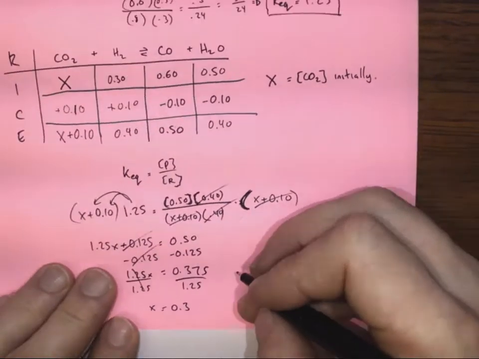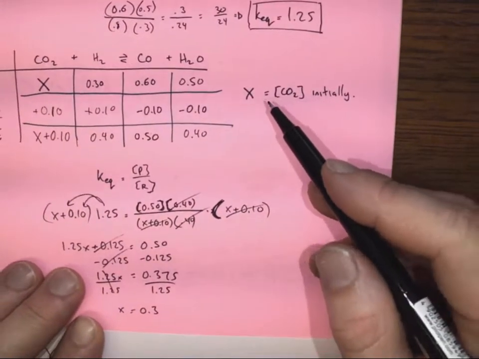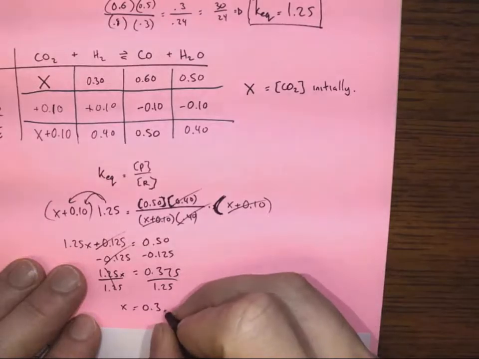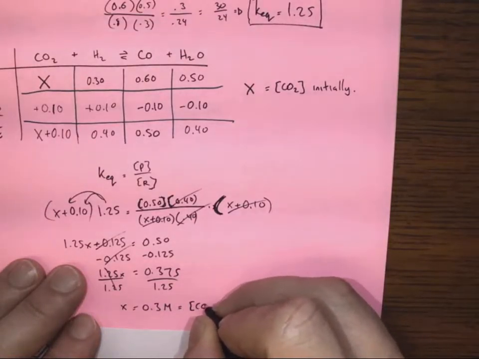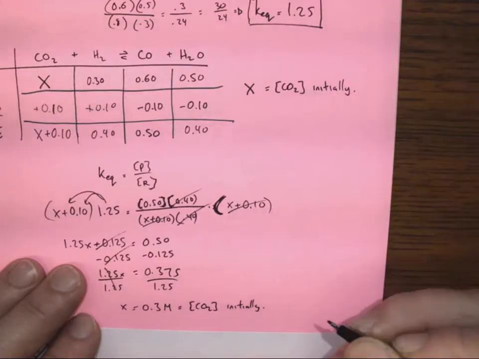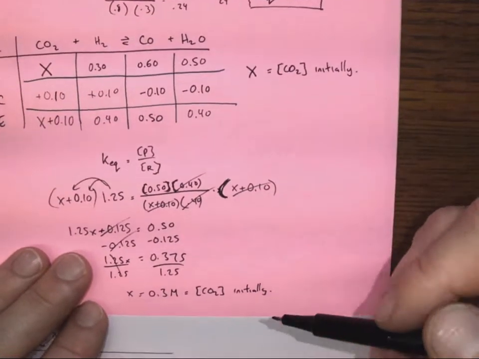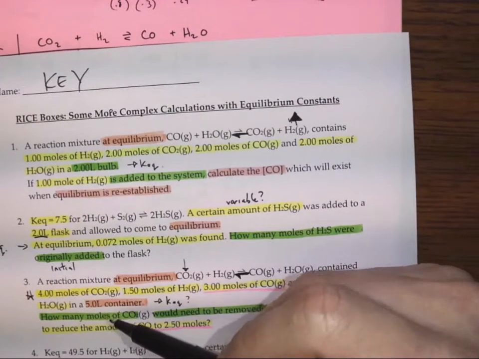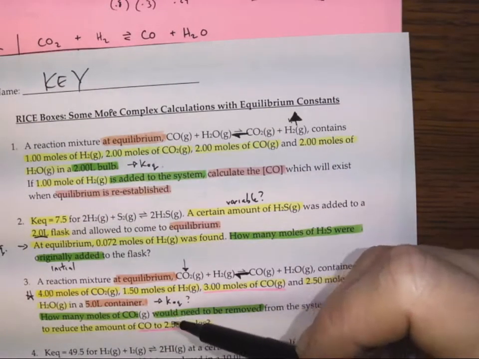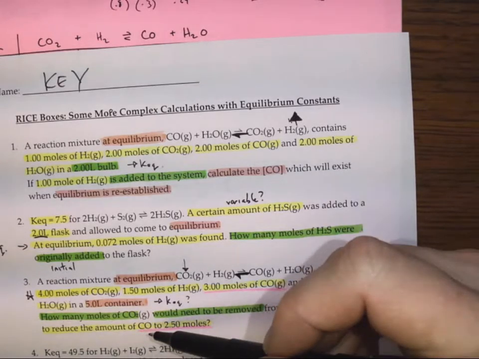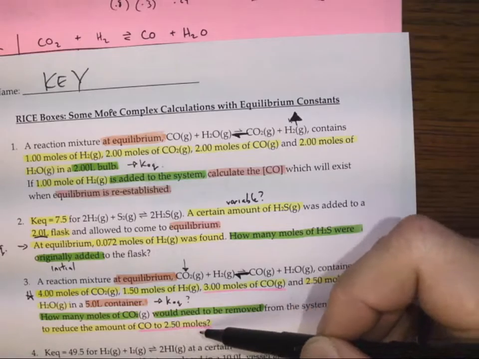All right, now what was x? X was the concentration of carbon dioxide initially, right? So that means this is measured in molar, which is the concentration of CO2 initially. And the question was, how many moles of carbon dioxide would need to be removed from the system in order to reduce the amount of carbon monoxide to this amount.